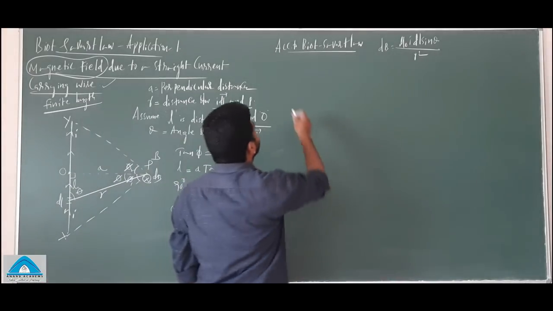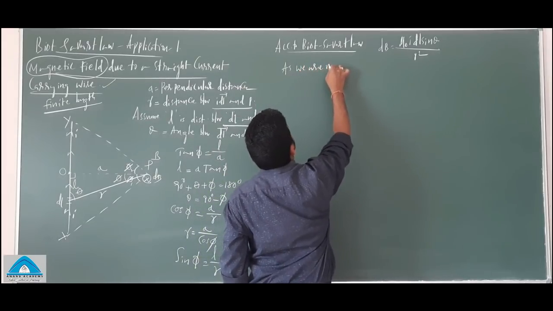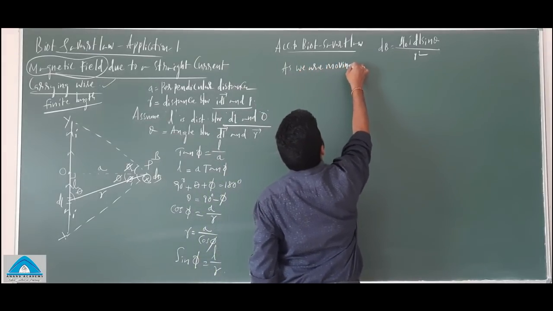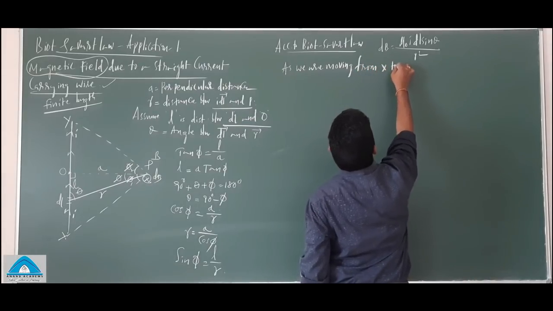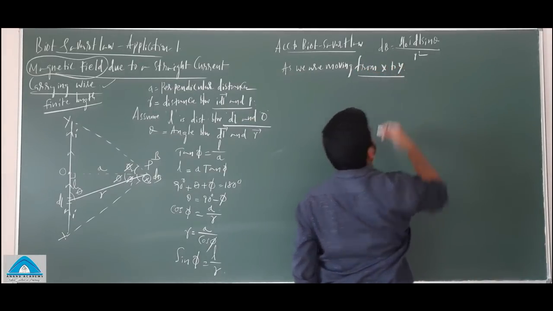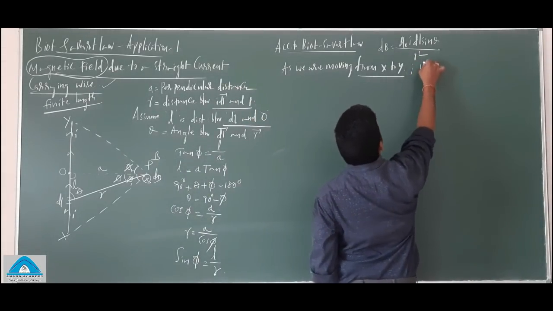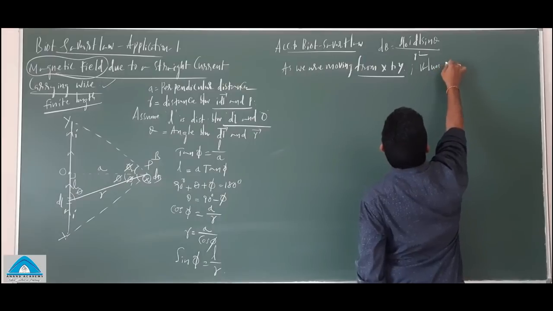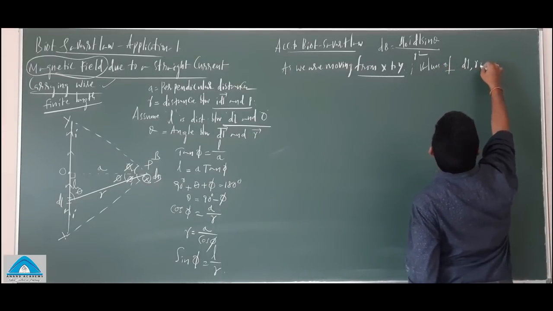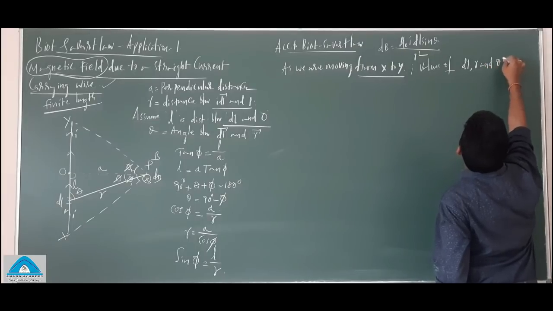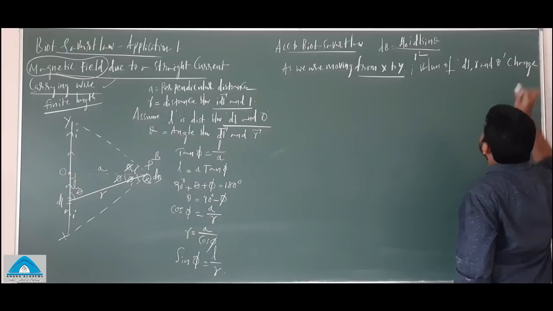So what I am writing here, as we are moving from x to y, all the values will change, right? What are the values that will change here? The values of dl, r and theta will definitely change.